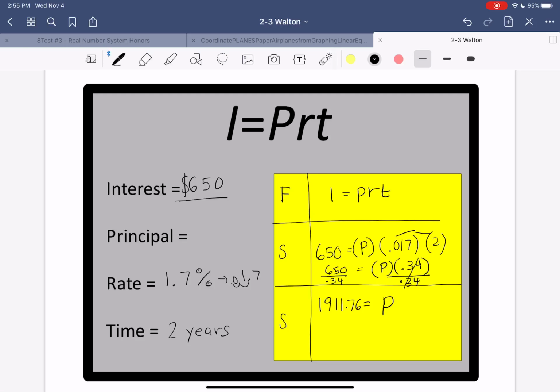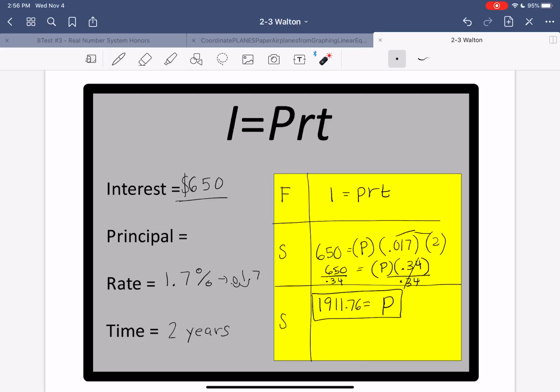So that is your principal amount, the principal amount that you started with in this account. So if you notice, all we had to do differently was this little step here. So it's not a whole lot different, but sometimes they're going to ask you to rearrange the formula a little bit in order to find your answer.